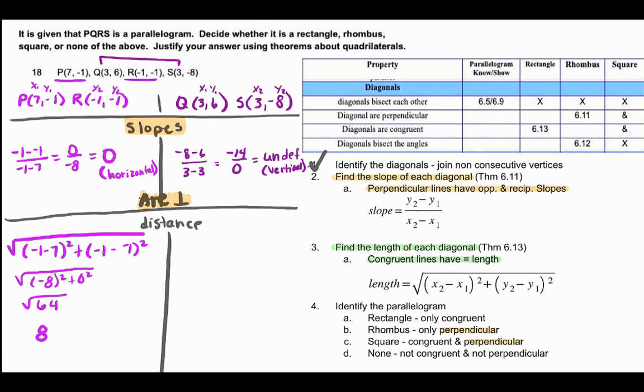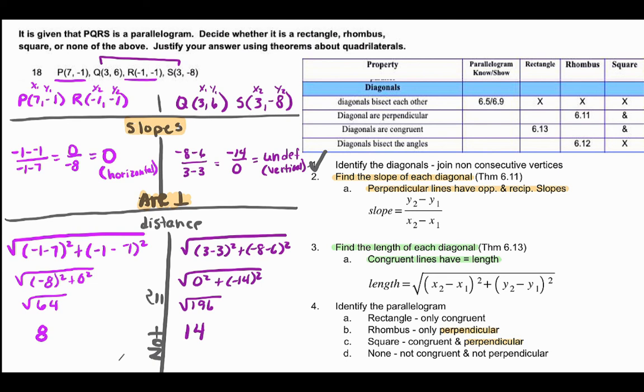We do the distance for the other one. And we have 3 minus 3 squared plus negative 8 minus 6 squared. So this is the square root of 0 squared plus negative 14 squared. So that's the square root of 196 to get 14. And when we look at these two, they are not congruent.